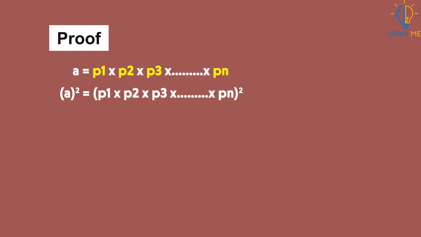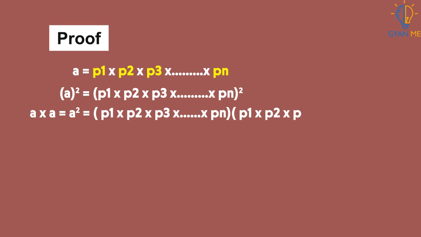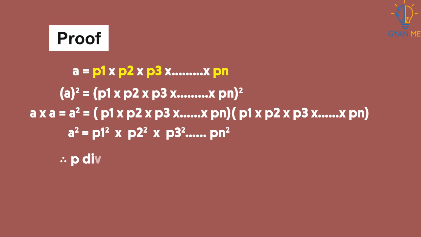So we get a multiplied by a, which is equal to a square, which is equal to p1 into p2 into p3 and so on, multiplied by p1 into p2 into p3 and so on. We get a square is equal to p1 square into p2 square into p3 square and so on. Now it is given in the theorem that p divides a square. So p is a factor of a square.